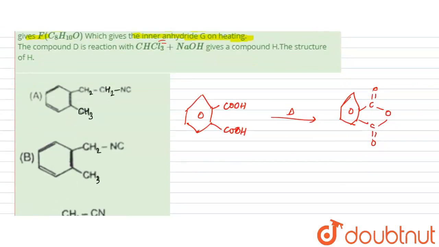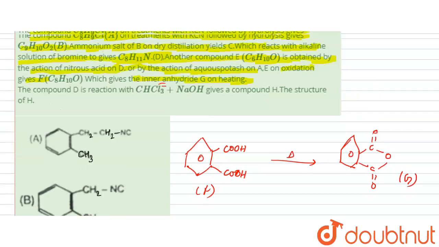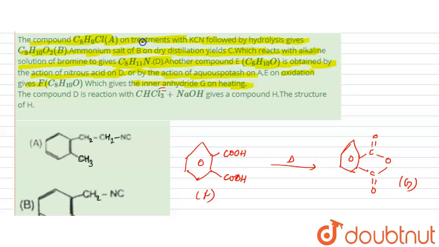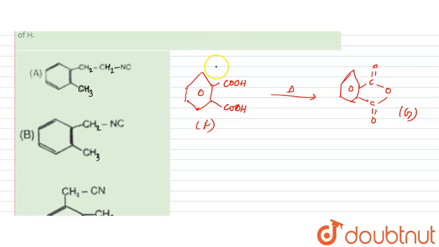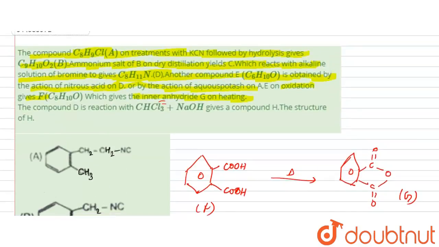Now for this anhydride to be formed, this is the G anhydride and this is the F compound. Now what should be A? How will you get A? If you want adjacent COOH groups, then A is given as C8H9Cl.